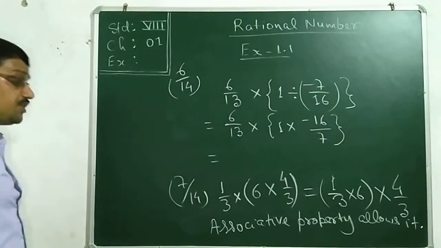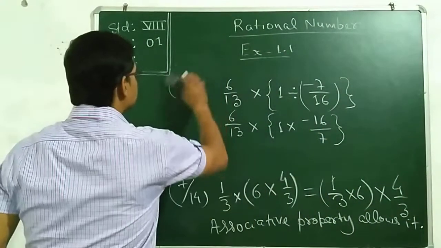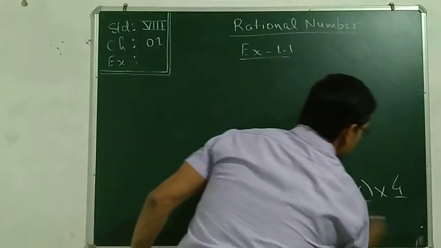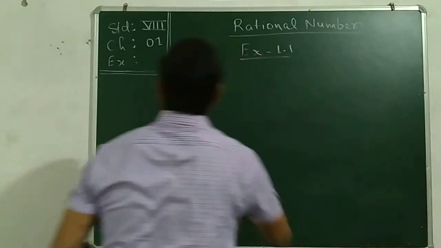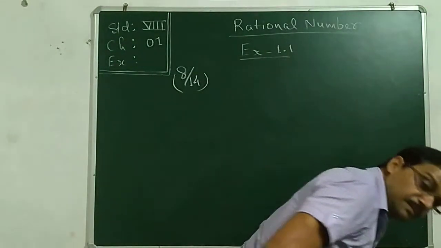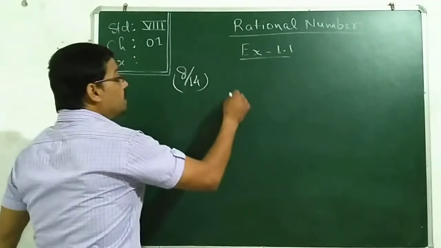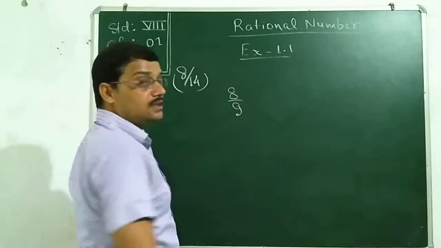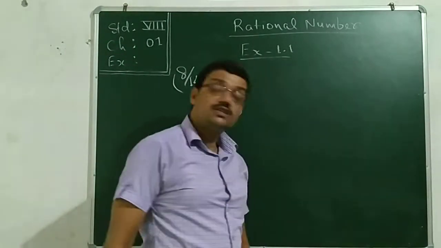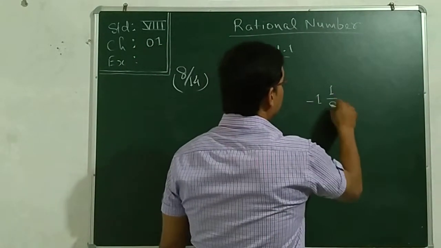Now come to the number 8 sum. In the number 8 sum, it has been asked: is 8 by 9 a multiplicative inverse of minus 1 whole 1 by 8?